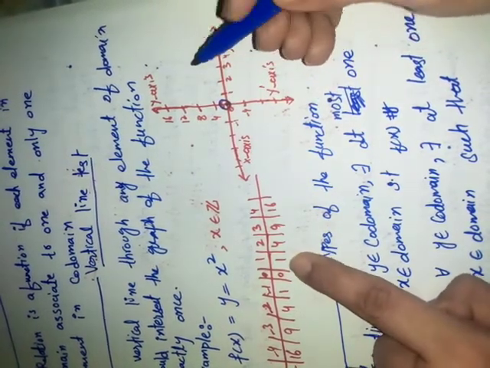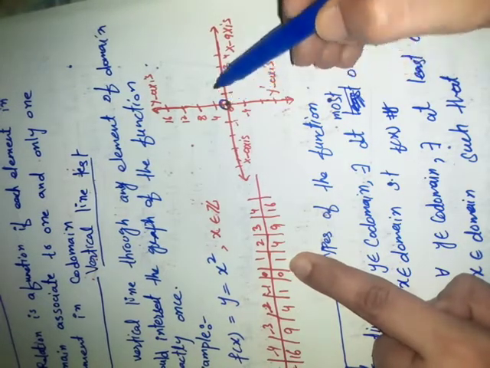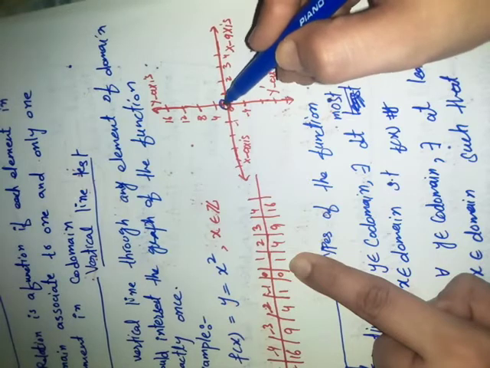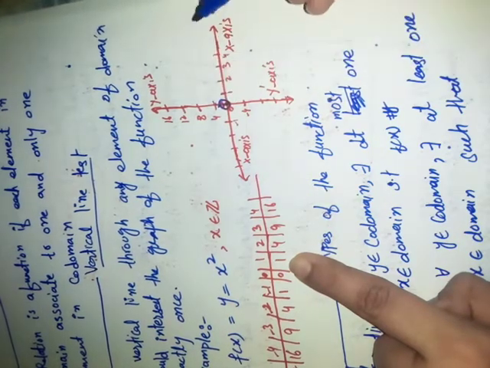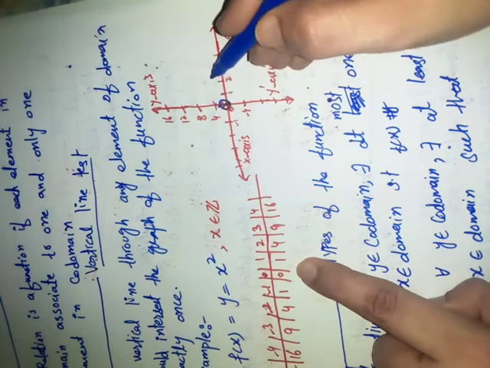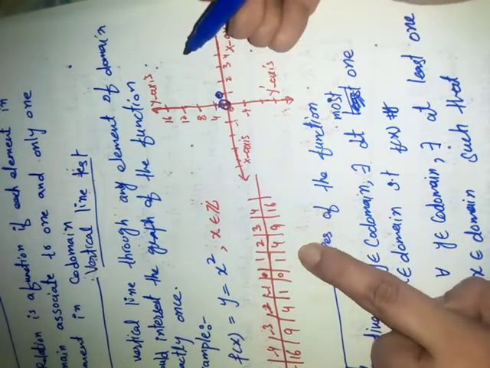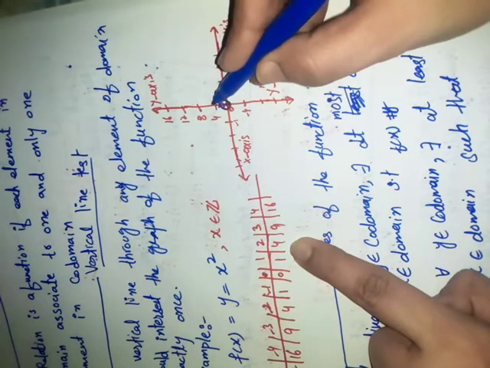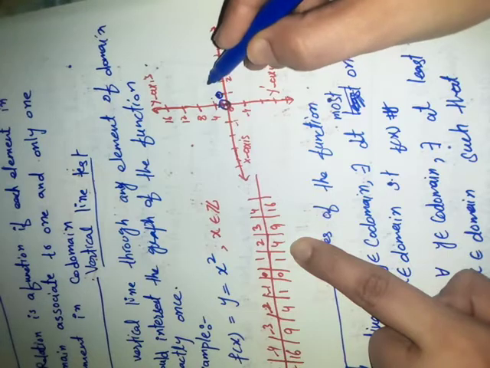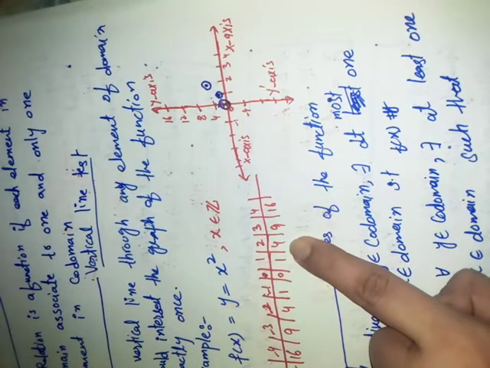If x is 1 and y is 1, then between 0 and 4 there should be 1, 2, 3 here, and then this is 4. If x is 1 and y is 1, the point should be nearly this one. If x is 2 and y is 4, then the point is this one.